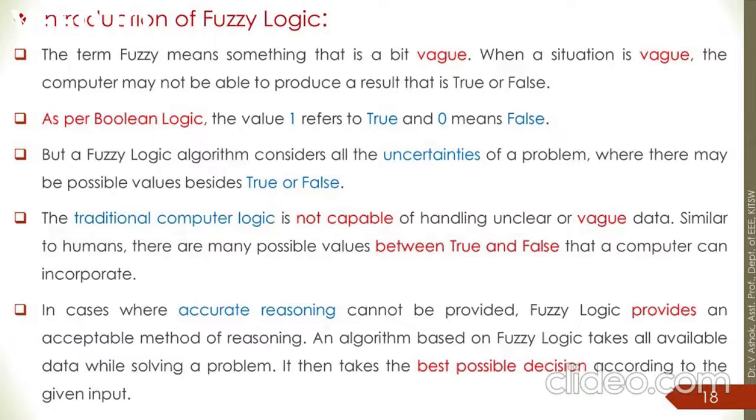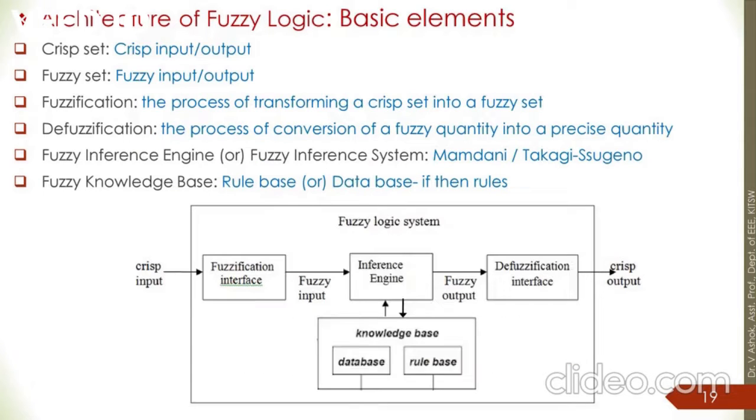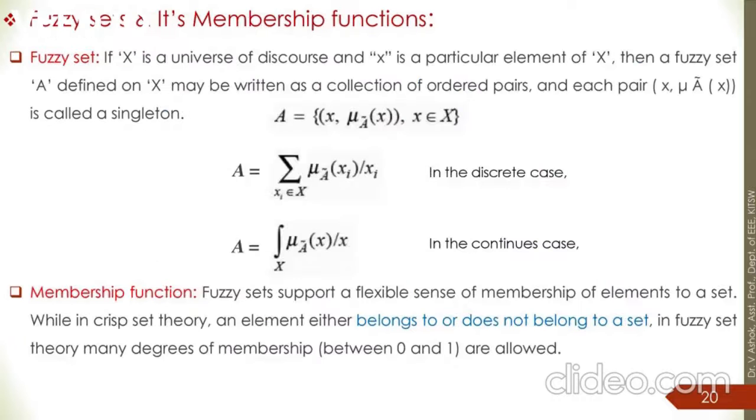The applications of neural networks are pattern recognition, image processing, signal processing, data compression, forecasting, and optimization. Coming to fuzzy logic, fuzzy means something that is a bit vague. As per Boolean logic, the value 1 refers to true and 0 is false. Based on this statement, we can analyze the required optimization. In this, we have crisp set, fuzzy input, fuzzification, defuzzification, fuzzy inference engine, fuzzy knowledge base.